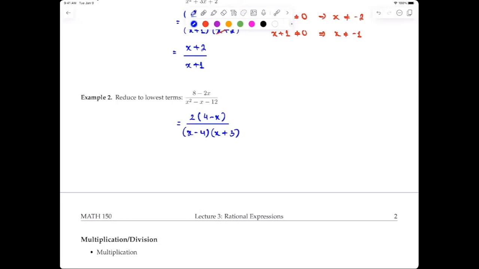You notice you have 4 minus x on the numerator and x minus 4 in the denominator. So let's swap the 4 minus x to x minus 4. To do that, you take out a negative sign on the numerator.